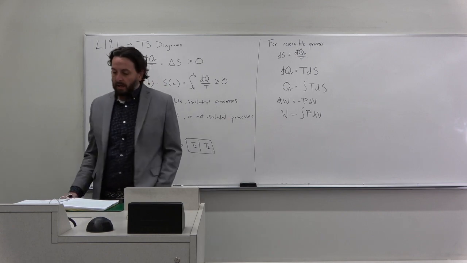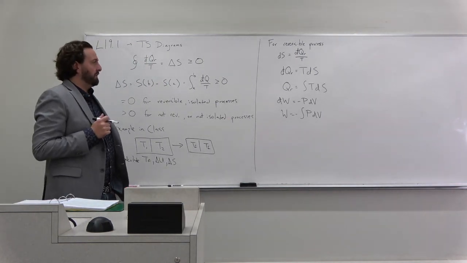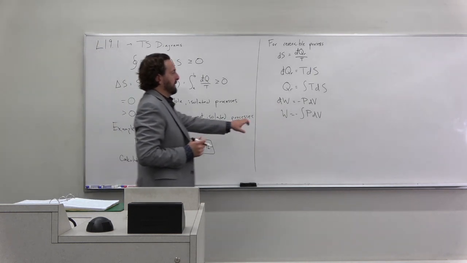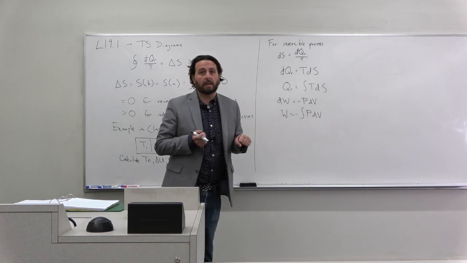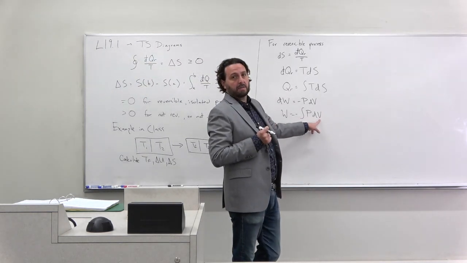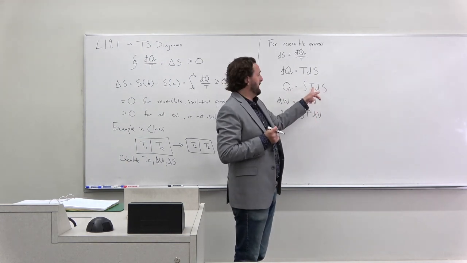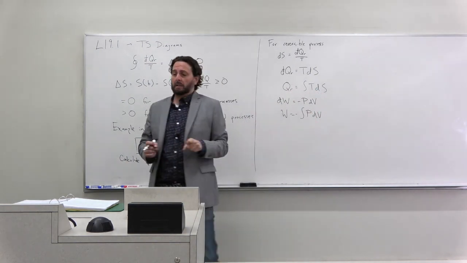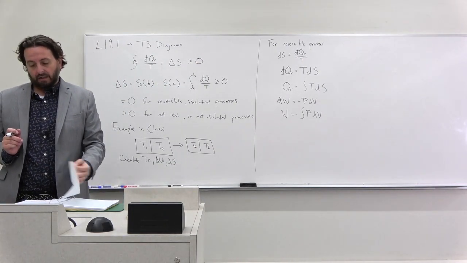Now we have an equivalent form for the heat as we did for the work. When we wanted to calculate the work, what did we look at? We looked at PV diagrams. So we can analogously make TS diagrams. That's what we're going to look at now.